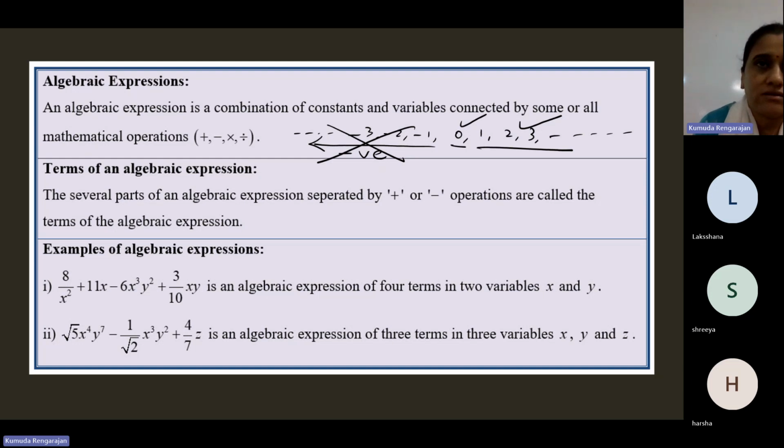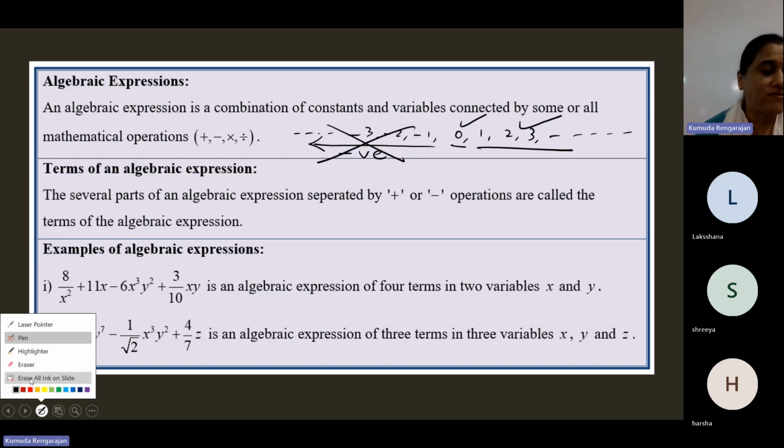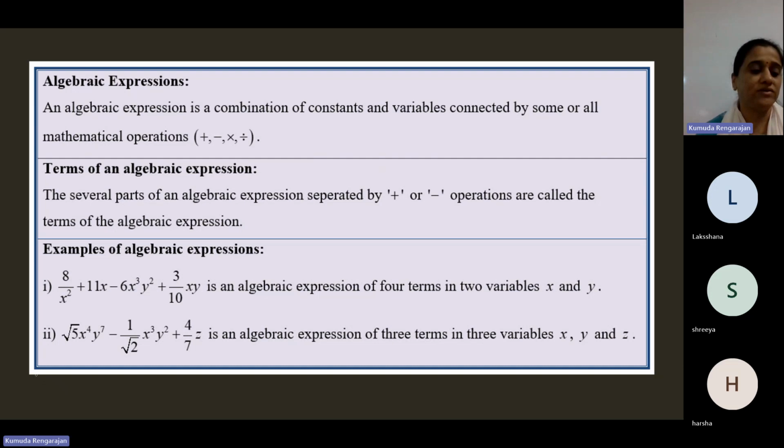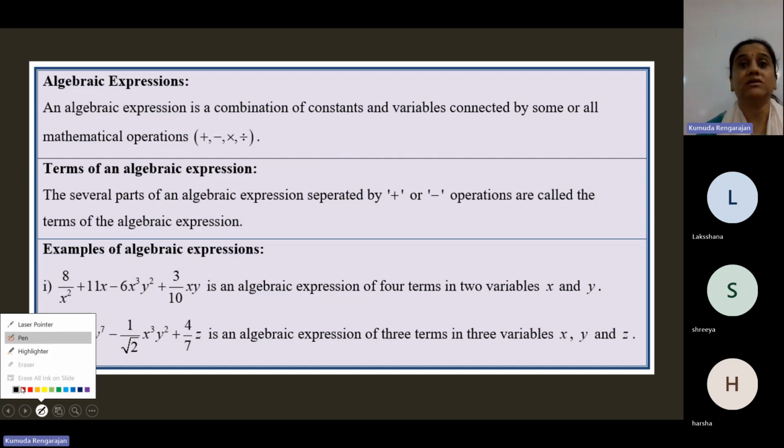The power of the variable everywhere should be non-negative. So the power can be 0 or positive. If the power of the variable or variables everywhere is non-negative, then that algebraic expression is a polynomial.